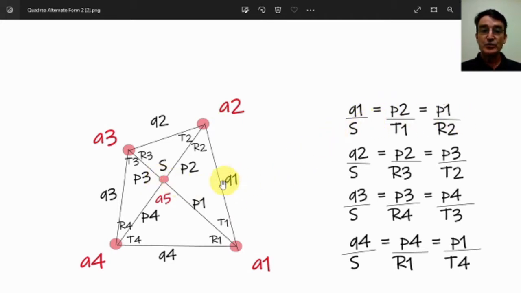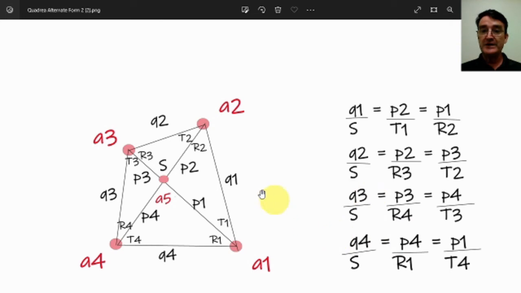We have Q1 over S, the spread between the chords, is P2 over T1, and that's equal to P1 over R2. The second set of equalities is for projective triangle A2, A3, A5, and the spread law says that Q2 over S is equal to P2 over R3, and that's equal to P3 divided by T2.